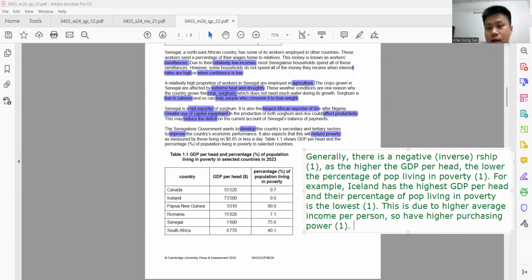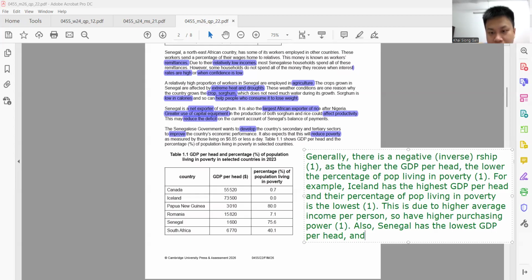What else? The lowest one is what? You can talk about Senegal. Senegal has the lowest GDP per head, and their percentage of population living in poverty is, this one is what?